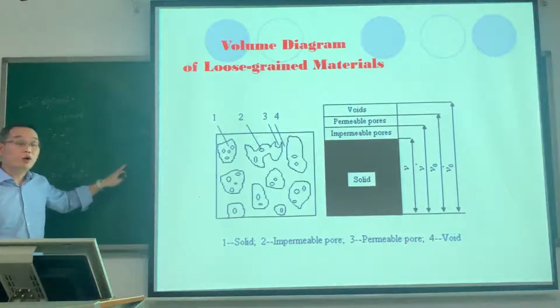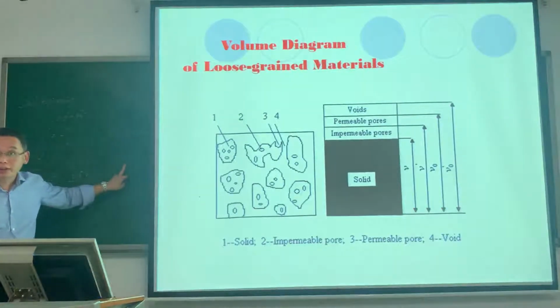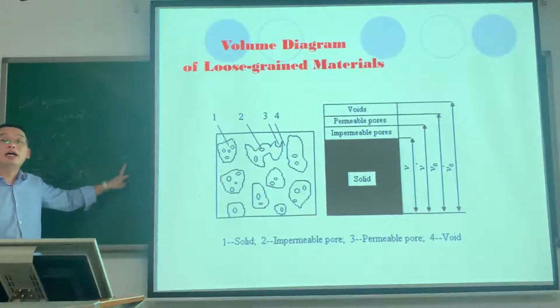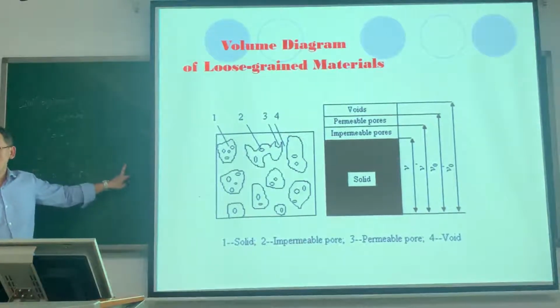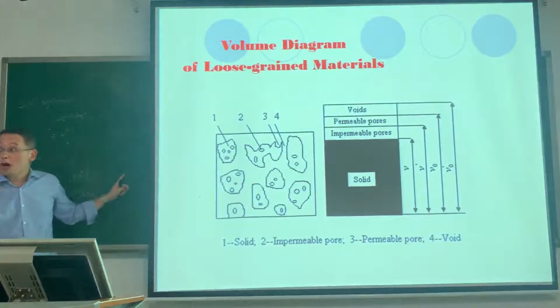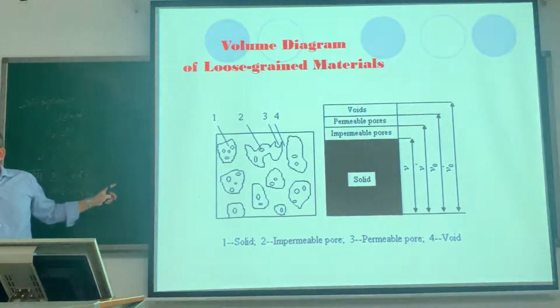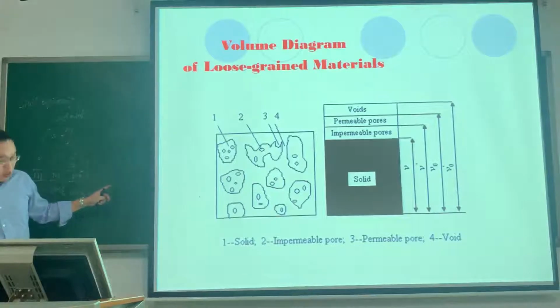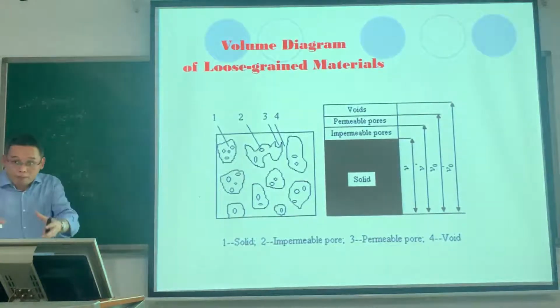One is the solid volume, the volume of the solid. And then the volume of the impermeable pores. And then the third one is the permeable pores. So that is just for one rock. But I give you a pack of rocks.